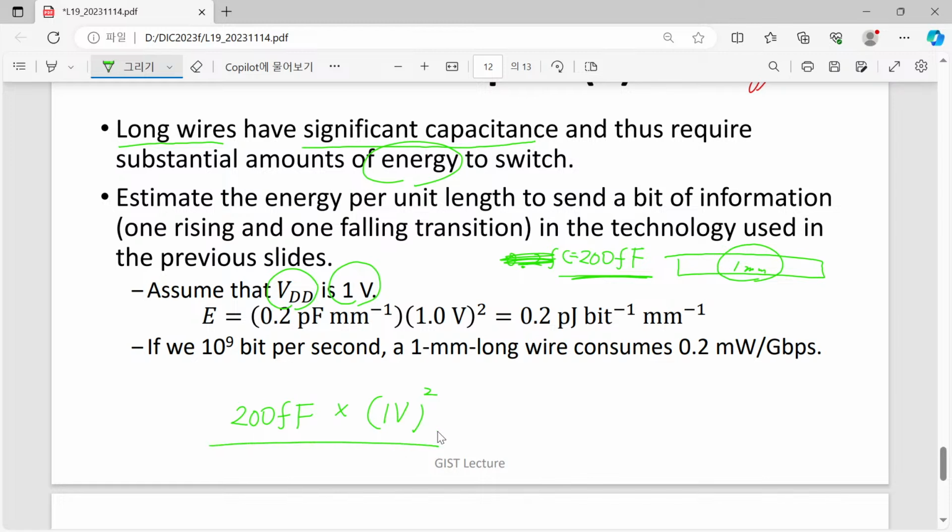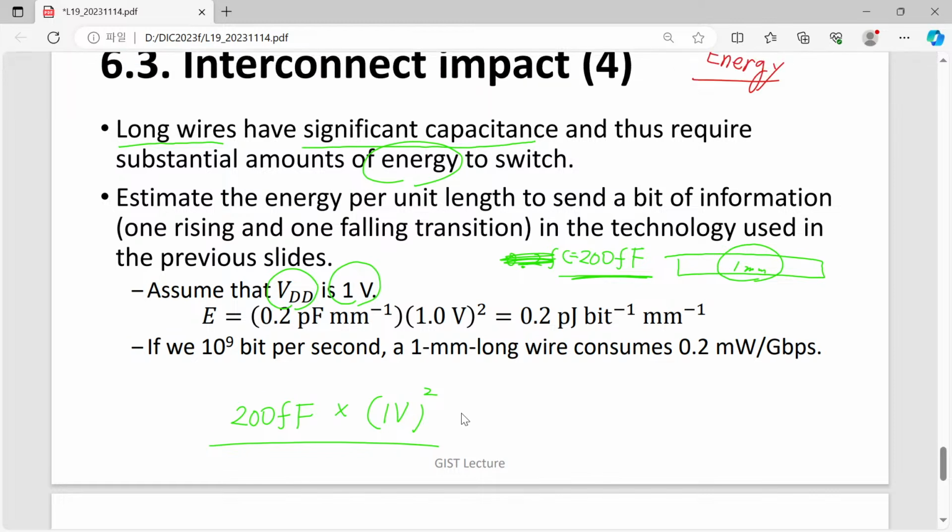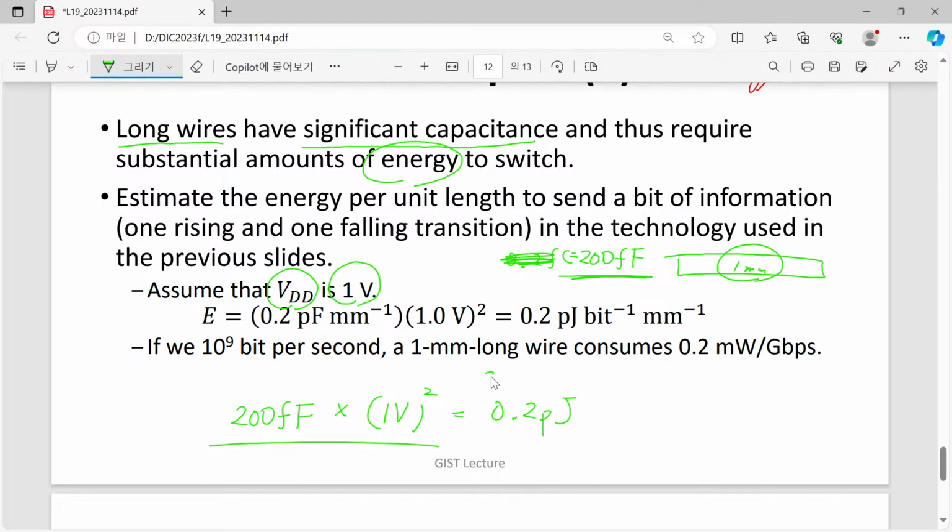That is the amount of energy required for one single cycle. This corresponds to 0.2 picojoule, or in the same way 200 femtojoule. So that is quite obvious.